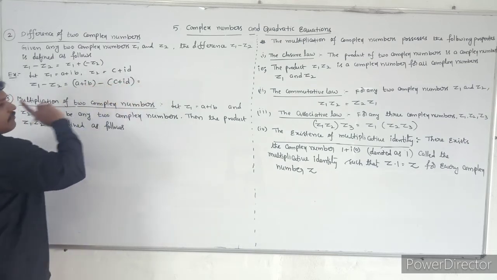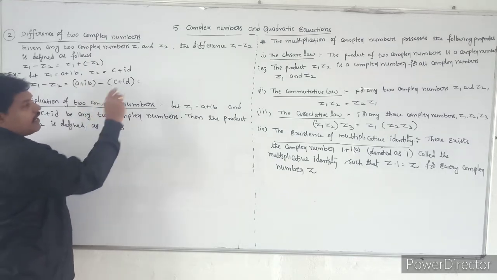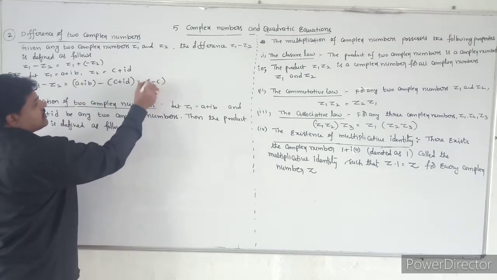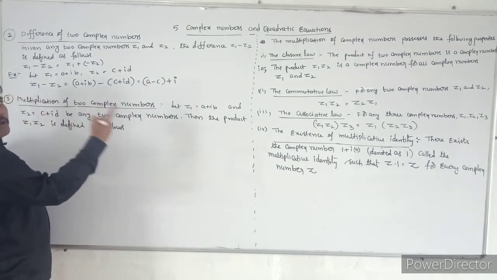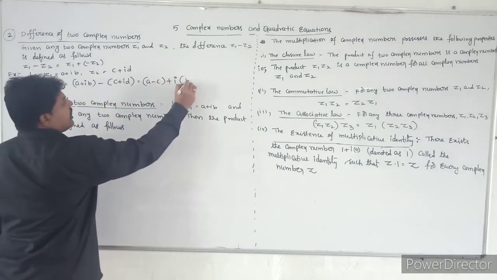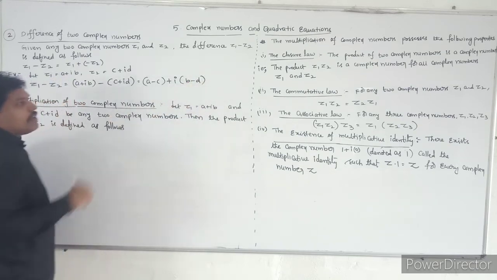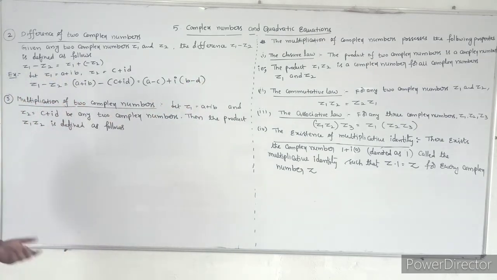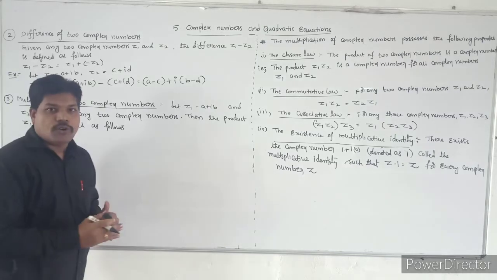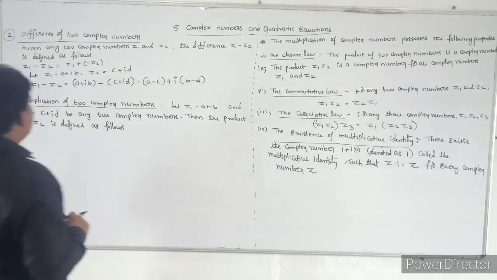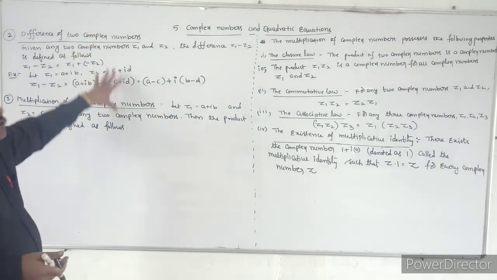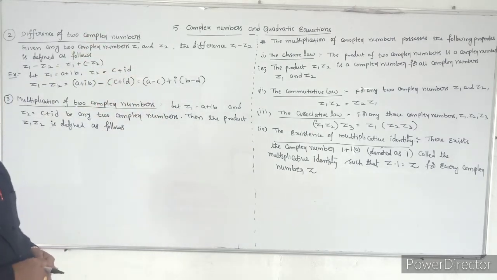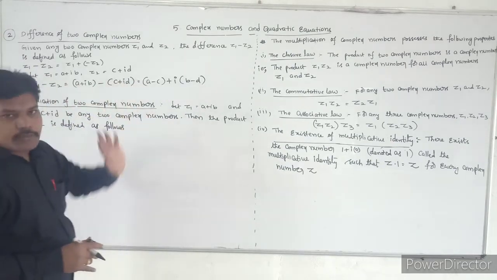That is nothing but first take the difference of real parts, a minus c, plus i into the difference of imaginary parts, b minus d. This is the difference of two complex numbers z1 minus z2. All the properties which are satisfied in addition will also be satisfied in the difference. Next important one is the multiplication of two complex numbers.